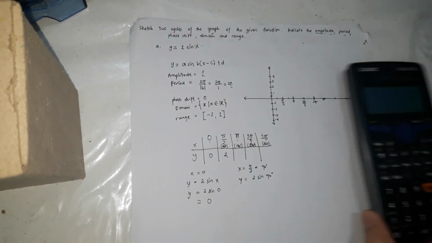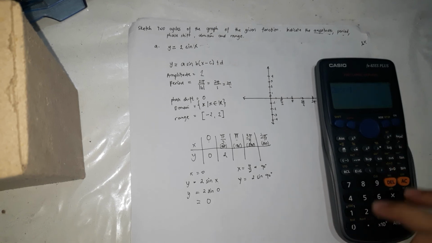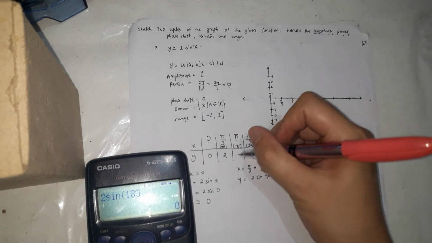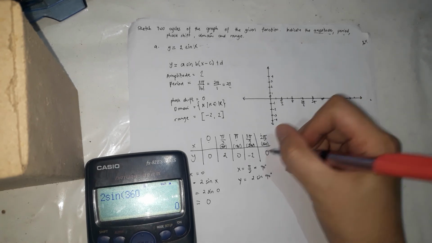So we're going to just solve it. 2 sine 180, that's 0. 2 sine 270, -2. And 2 sine 360, that's 0. So these are the values.